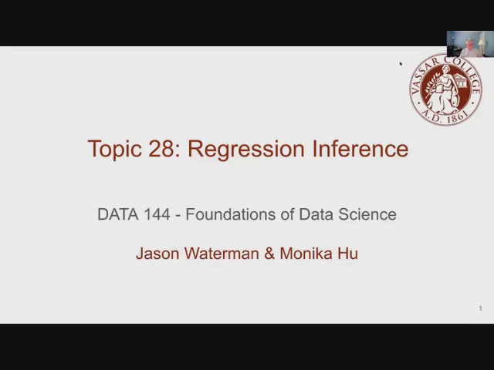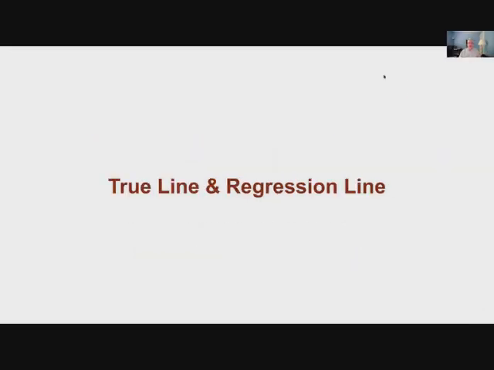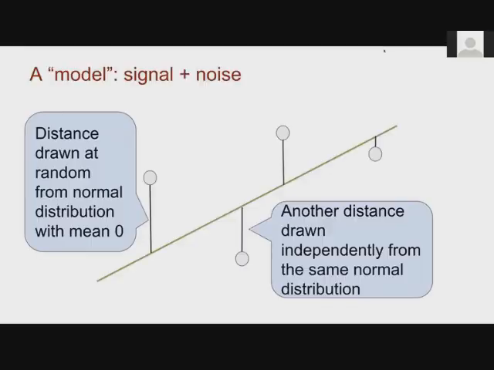Okay, so let's pick up where we left off last time. As a quick review, we started talking about the regression line as a model. The way we've looked at this is that we've had some data that we've collected from a population.